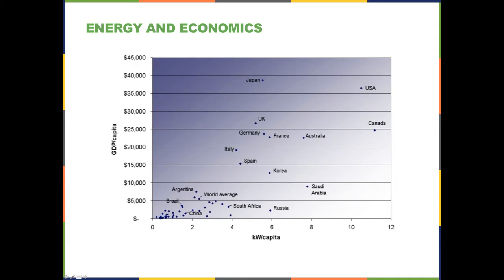So what you see is a general trend. As the income increases, the energy use increases and the power use increases, and that's what this is supposed to show. If you have an increase in GDP, you have an increase in the use of power.